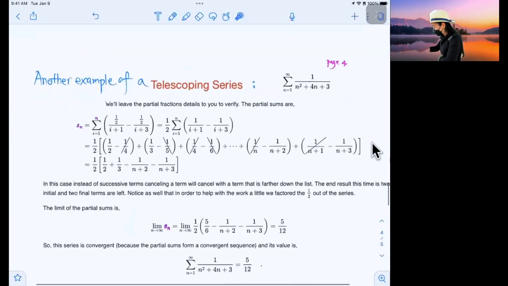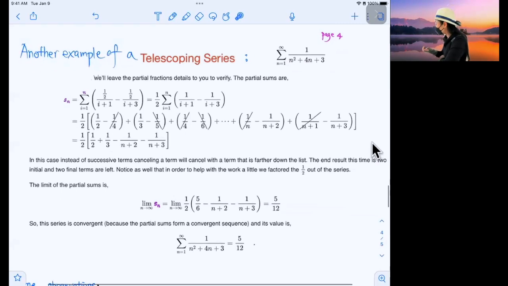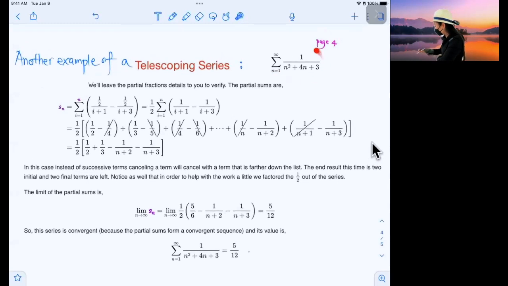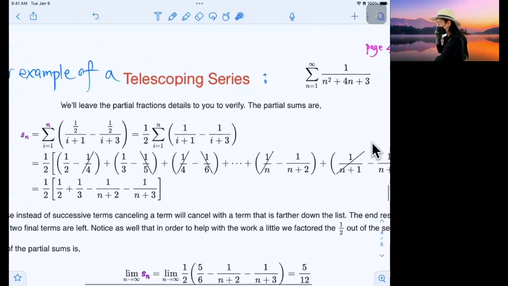Now, is that example the only telescoping series? That's not the only telescoping series. We have over here another example of a telescoping series. Okay, this one. At first you say, how do I know it's a telescoping series? How do you know?